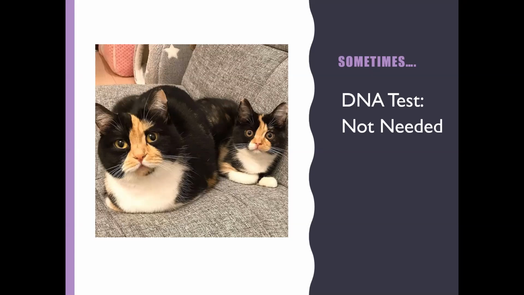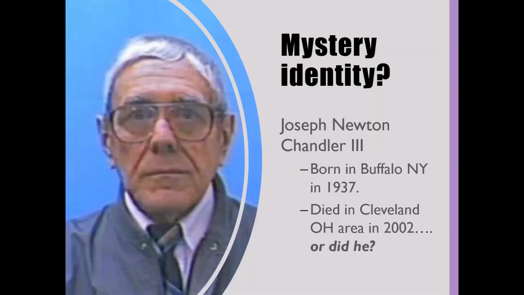So anyway, here's an interesting bit of a case study. What I'm hoping is that I'm going to talk about this, and then by the end of next week's program, you'll understand what I'm talking about, even though you won't in the next couple slides right now. This is a man who died in Cleveland in 2002, named Joseph Newton Chandler III.